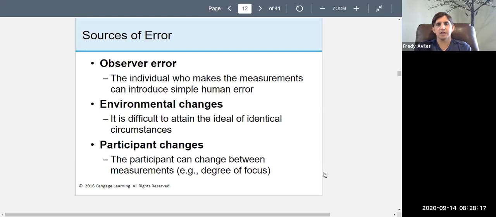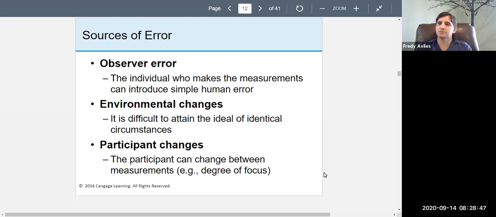So let's say that one day it's a nice sunny day. And because of that, the measure of self-esteem says that you're feeling pretty good about yourself. Another day, the weather's awful, okay? And they measure self-esteem on that day. And the measure says that your self-esteem is a little bit lower on that day. Those are environmental changes. They can cause sources of variation, or basically sources of error, okay?